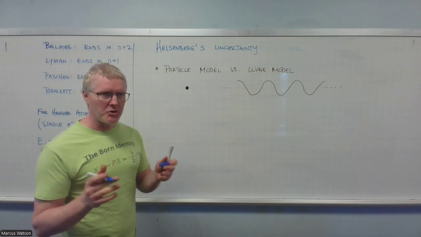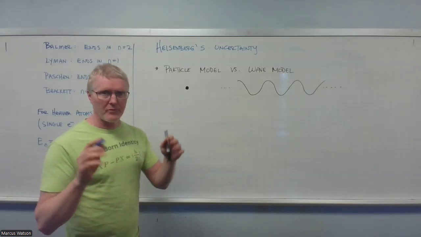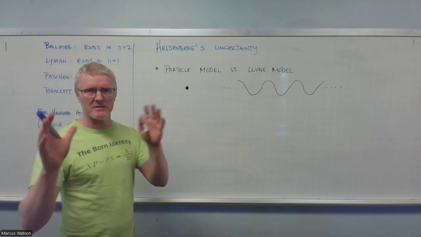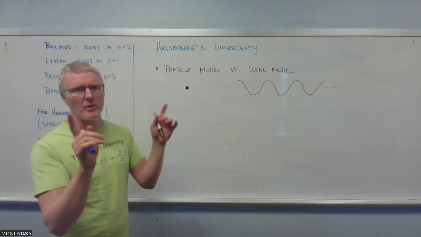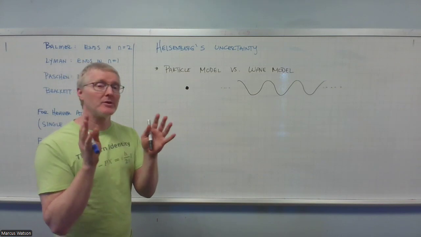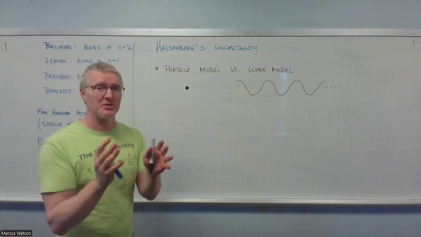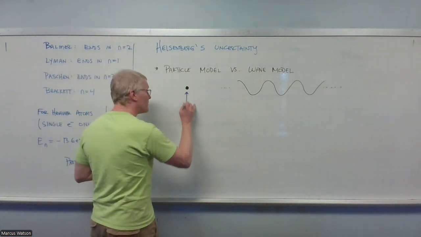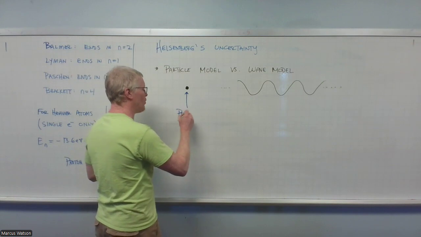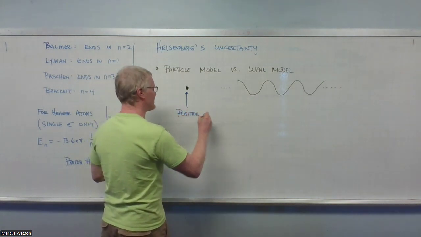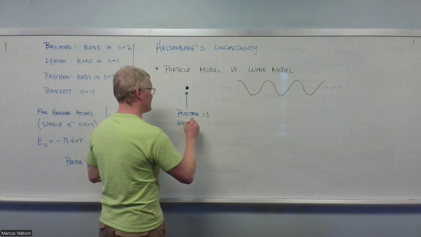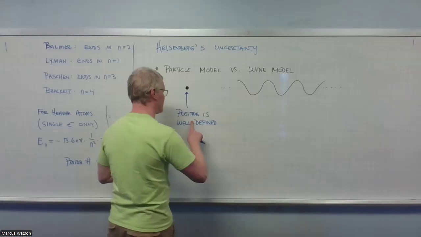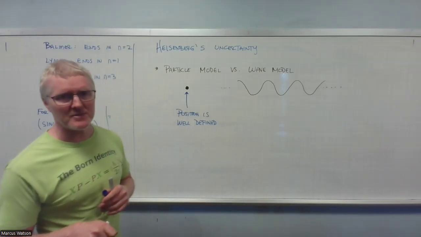You would be able to, probably through looking at relative positions of things, say approximately where the baseball is. You'd get a really good idea of its position, okay? Because it's a particle. Where is it? It's right there, right? Its position is well defined. It has a well-defined position.